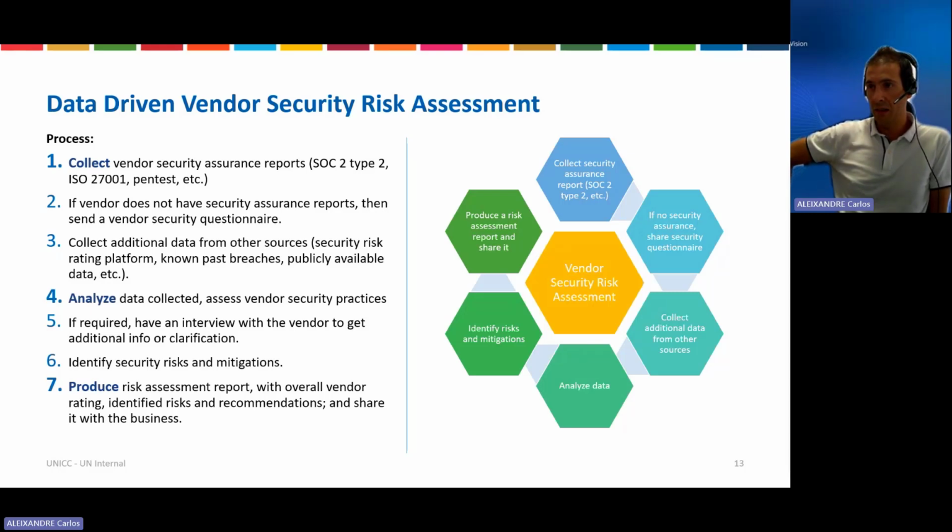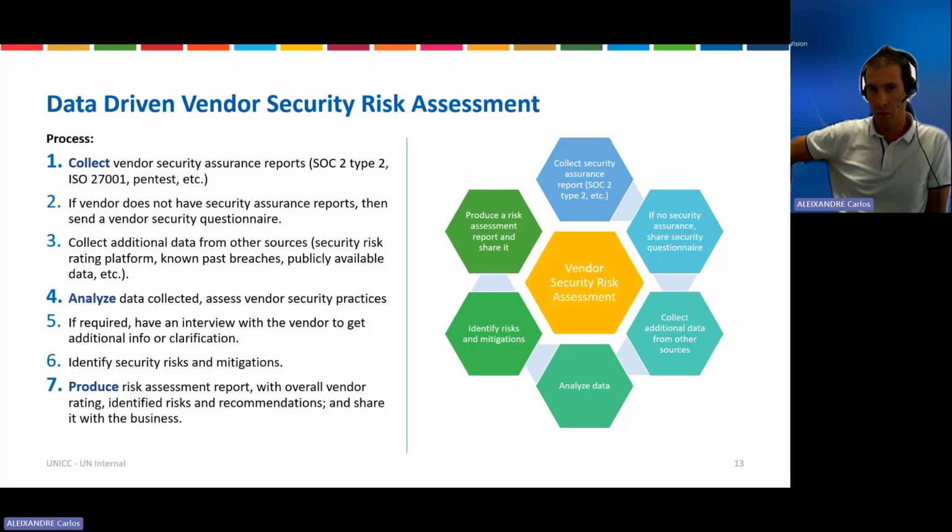And this is sometimes a good practice, right? Because when you start to talk with a vendor, when you challenge some of the answers that they provide and you start interacting with them, then you can get a feeling of their real security posture. So again, whenever there is a critical supplier, it is a good practice to have a quick chat with them, challenge some questions, challenge some answers, and then you will get a better view of their security posture.